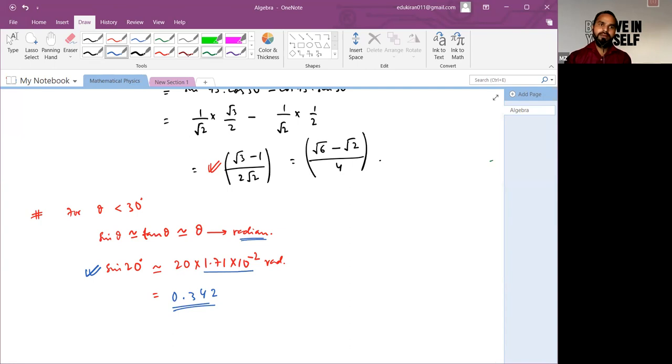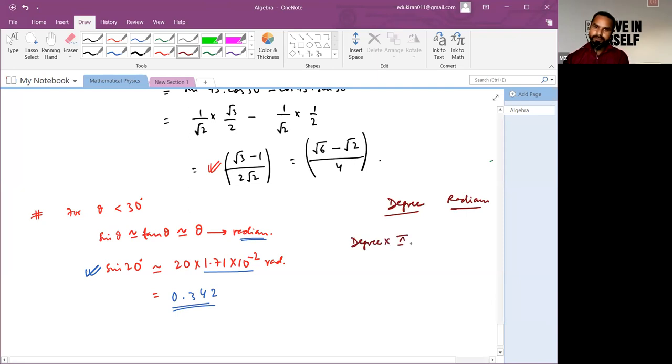I have defined this in the last class, I think. If you don't know how to convert degrees into radians, there was a conversion formula: pi by 180 into degrees converts it into radians. There are further smaller divisions of a degree, just like for time, 1 hour is 60 minutes and 1 minute is 60 seconds.